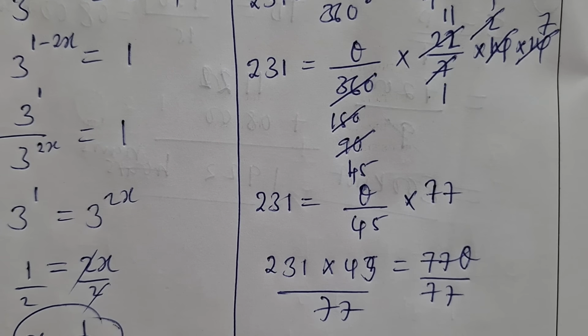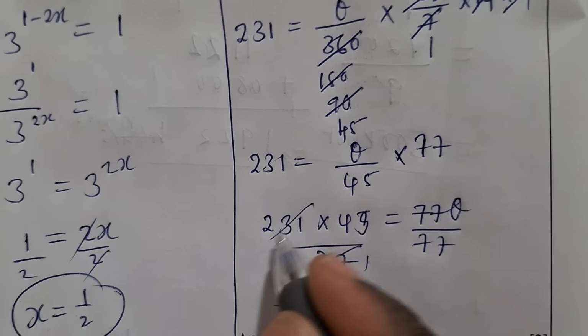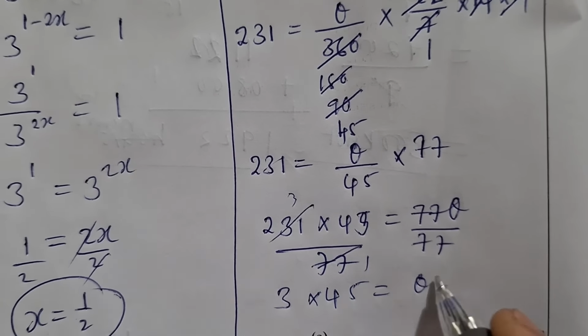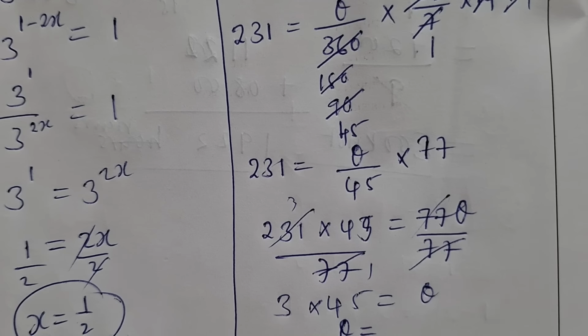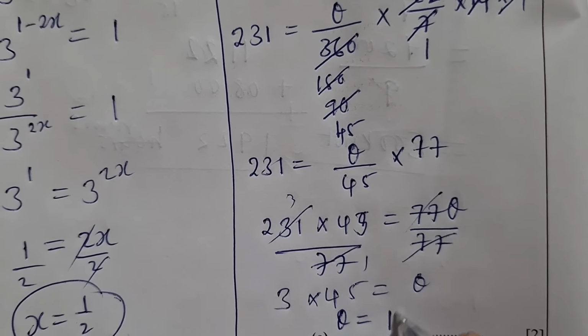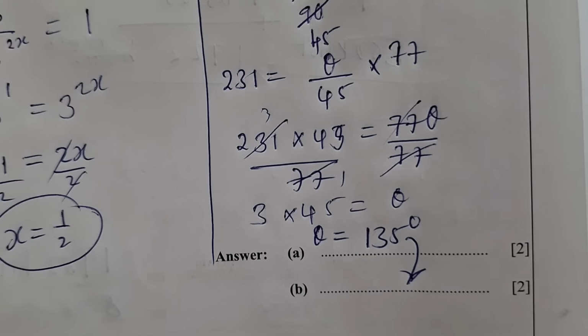When it goes there, we're getting a 3. So in itself, it's a 1. Here, it's a 3. So 3 times 45 is equal to theta, because this and this will cancel. When we multiply 3 by 45, we are getting 135 degrees. So this answer is for question B here.